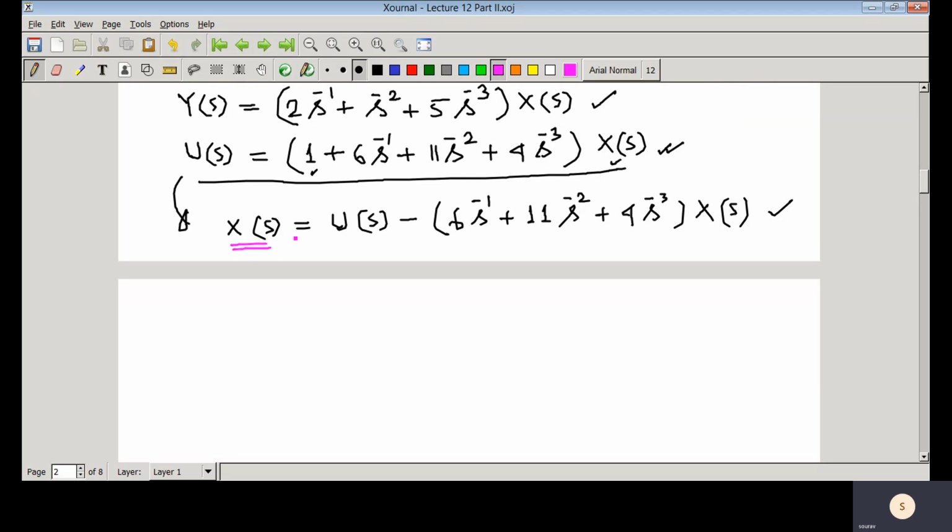You can see that X(s) is equal to minus 6s to the power minus 1 X(s), again minus 11s to the power minus 2 X(s), and minus 4 into s to the power minus 3 X(s) plus U(s). If we take a node here, say X(s).